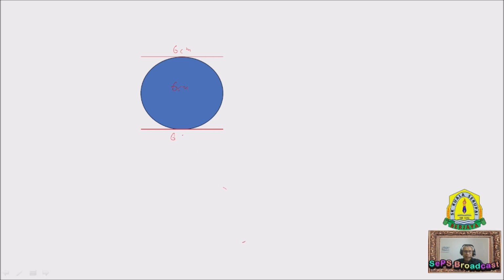Then we draw all of those diameters. So you need to realize that actually this is a square, 6 centimeter by 6 centimeter. This is the piece of paper that Amina needs to cut in order to produce the bookmark.